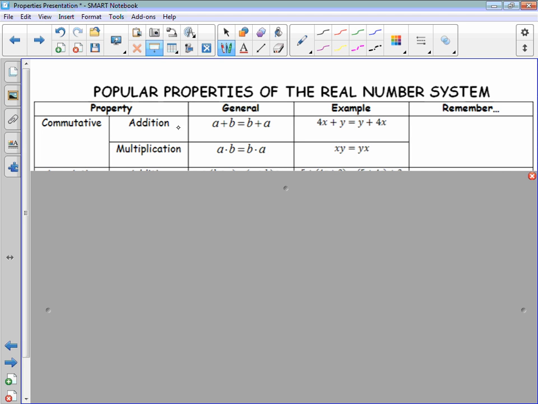I just need to remember this word and what it means. Well, I like to think that you can move the order. That's what I think about when I see the commutative property. Move the order. And by the time we're done, we're going to be dancing.